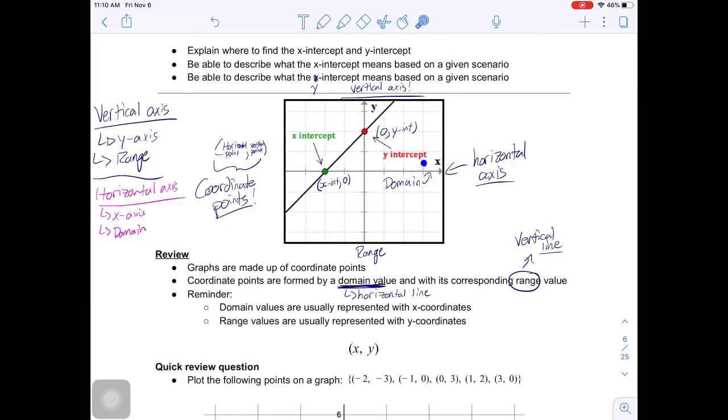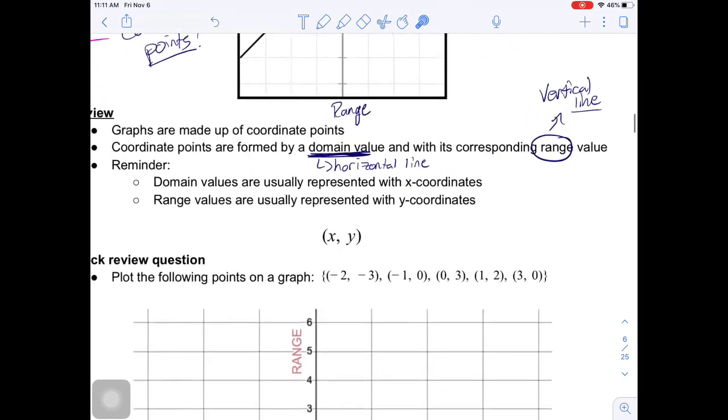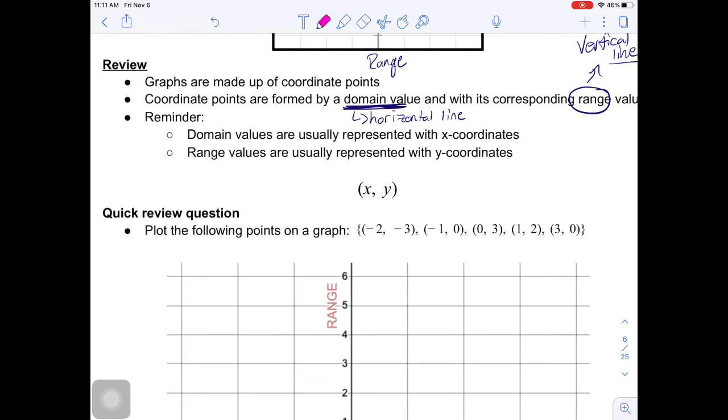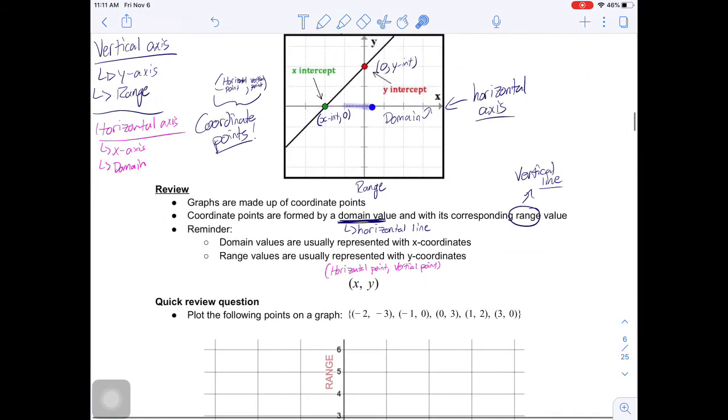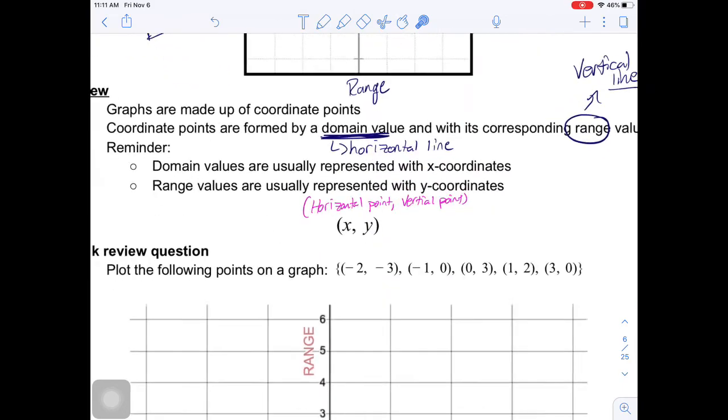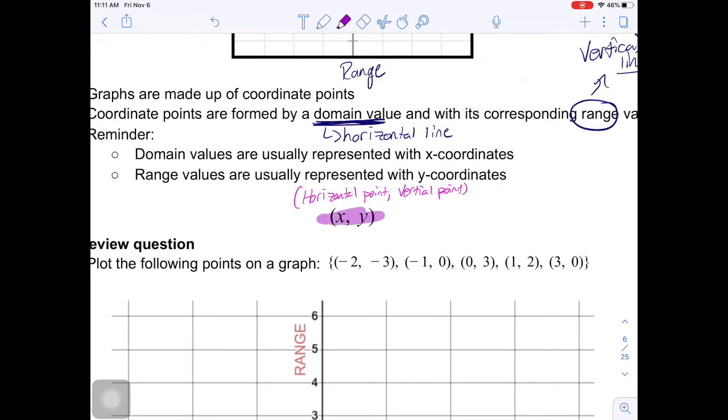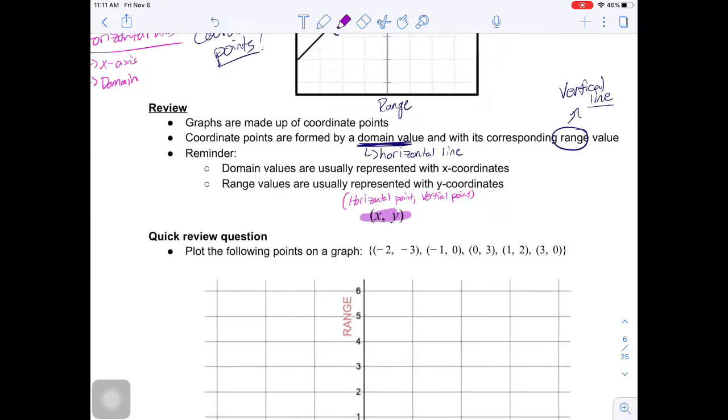So these are your domain points. Now remember, we've been talking about ordered pairs in terms of horizontal point and vertical point. Mathematically, we can just represent that as x and y. So what is our x point and what is our y point? This is what you mainly want to get used to, and we will be referring to it as we go forward.